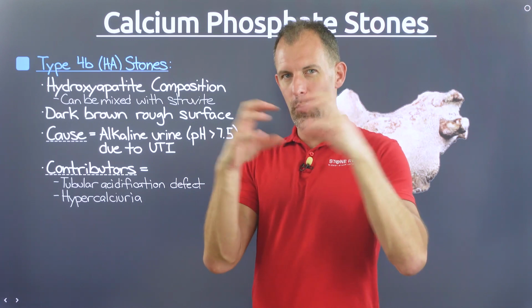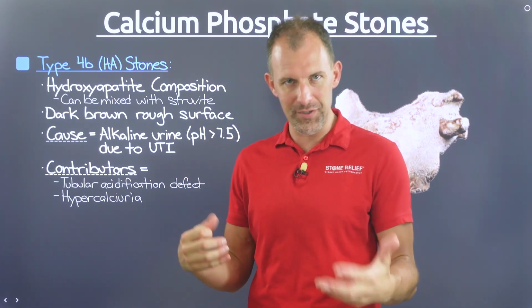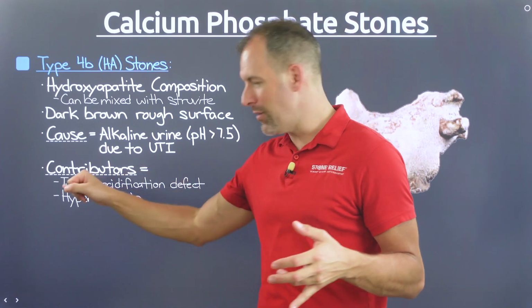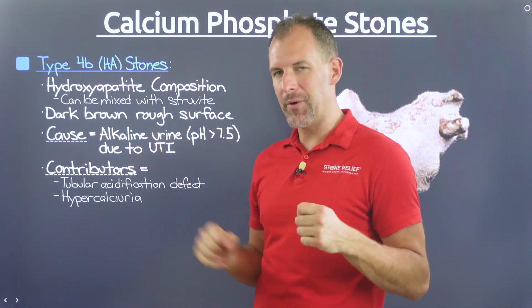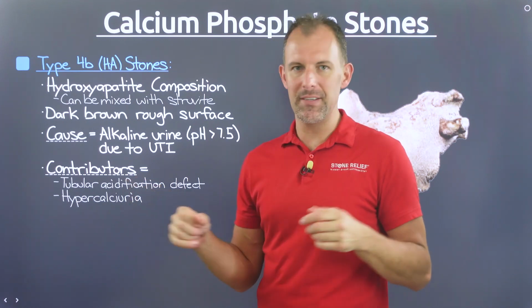Ideally your body wants to be in a neutral state, with the exception of some parts of your body, like your stomach, which would be more acidic, but in general, neutral is a good thing. So when you have a problem neutralizing, you're going alkaline, and in the presence of a UTI, this could potentially pop up. And the other piece of this, again, is hypercalciuria.